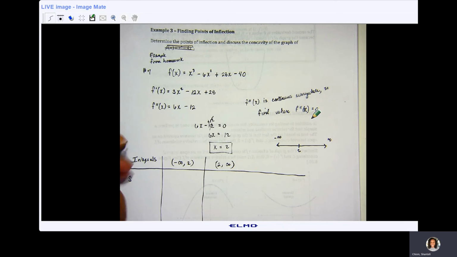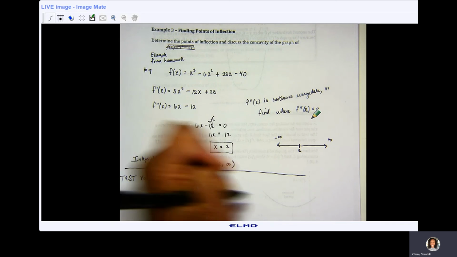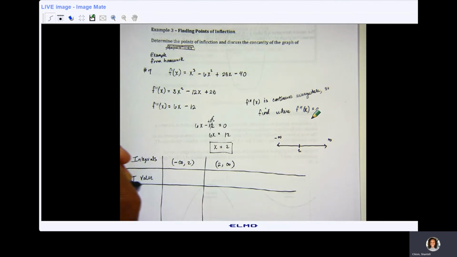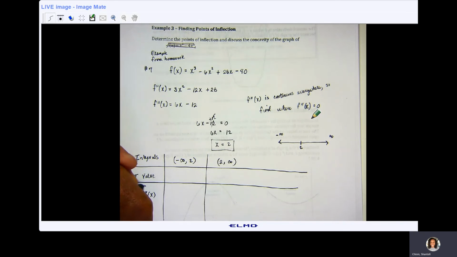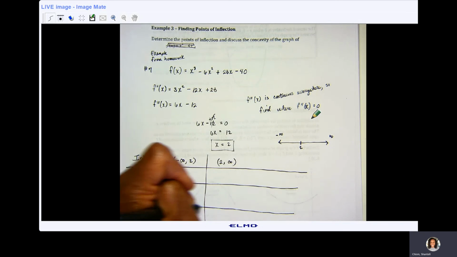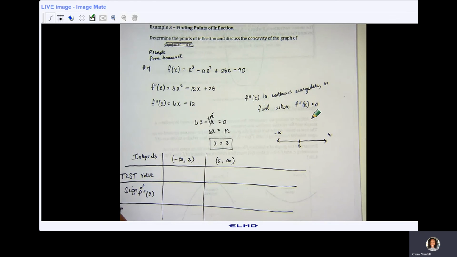And then we will look at a test value, and then using that test value, we'll look at the sign of f double prime. And then we'll draw a conclusion. Okay?